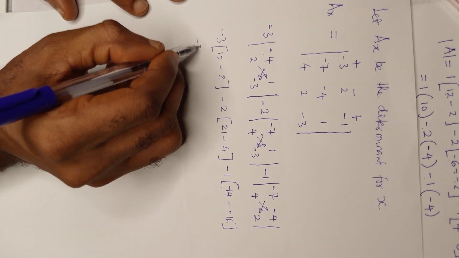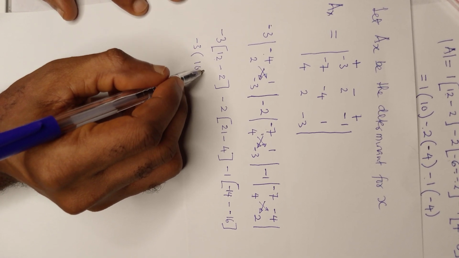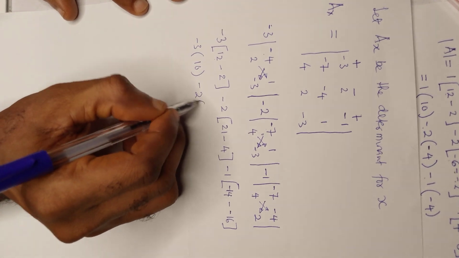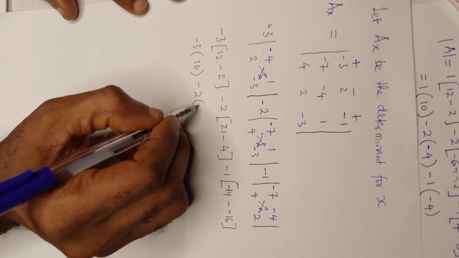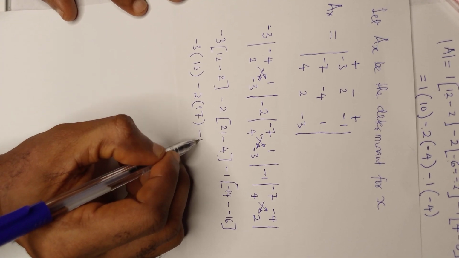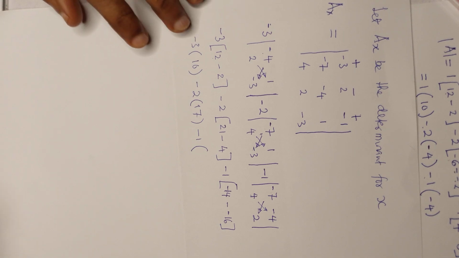Okay, this will be -3 into 12 minus 2 is 10, -2 into 21 minus 4 is 17, -1 into -14 minus -16 will be -14 plus 16, and that will give us 2.